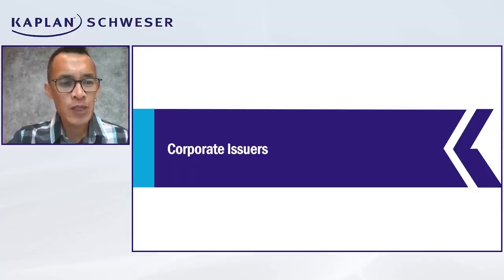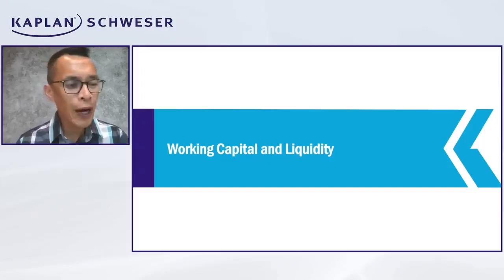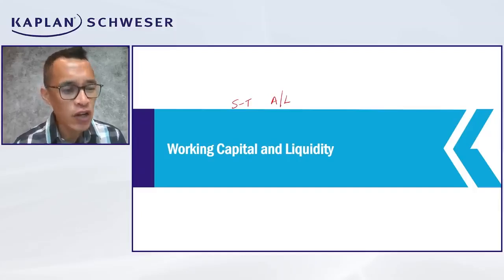This learning module and the next two will be much more quantitative in nature. Now in this section, we're going to look at working capital and liquidity. We're going to cover short-term assets and liabilities here, those that roughly result in cash inflows and outflows during the year.